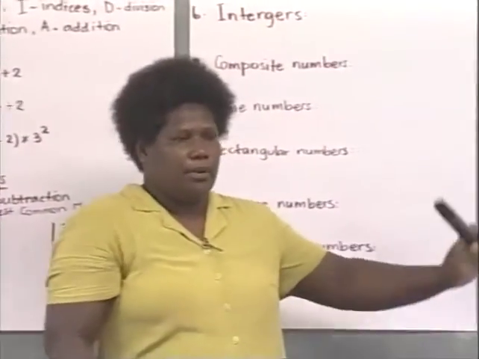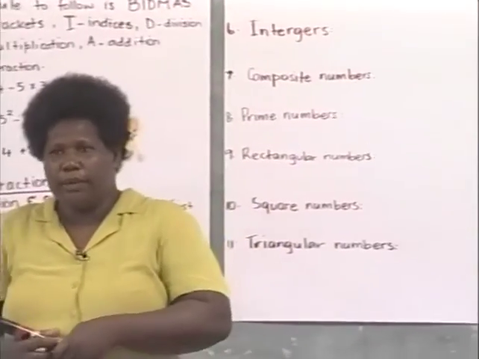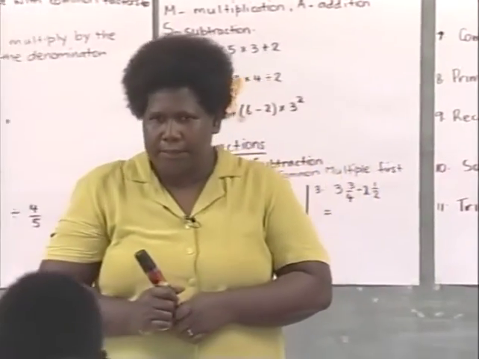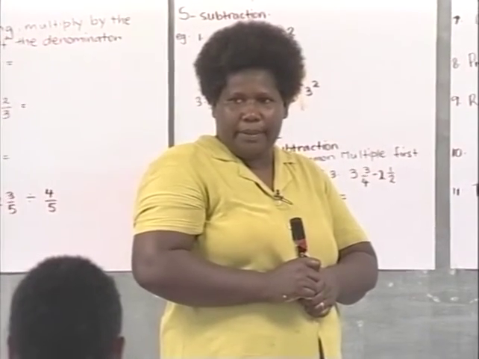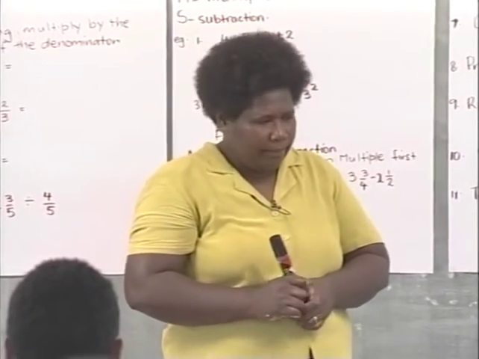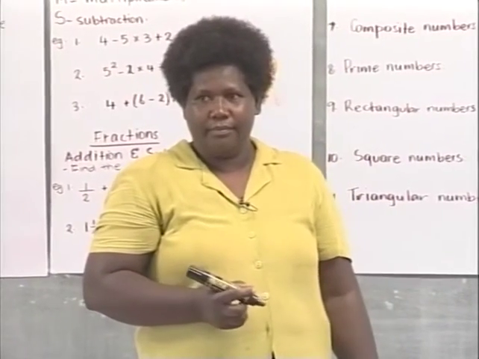Okay, next thing we are going to look at is the type of numbers. First one, does anyone know what a real number is? Megan? A real number is the set of all rational and irrational numbers.